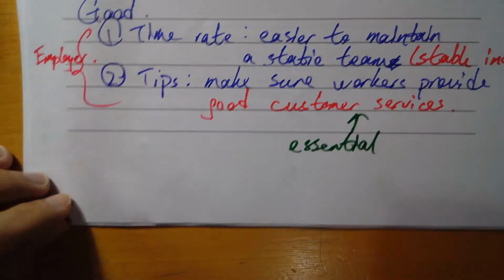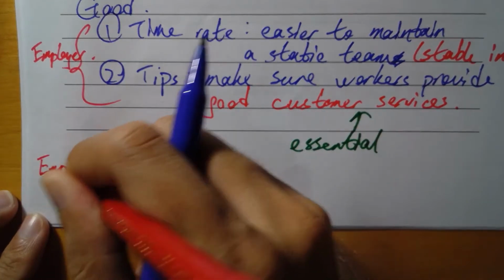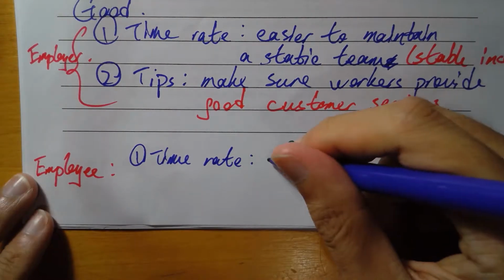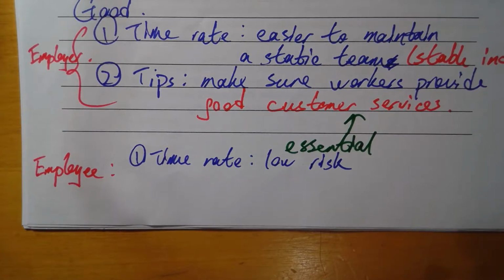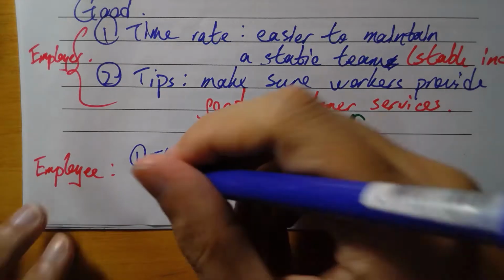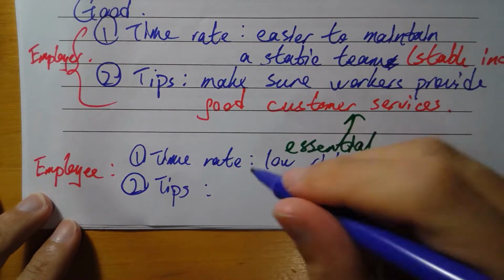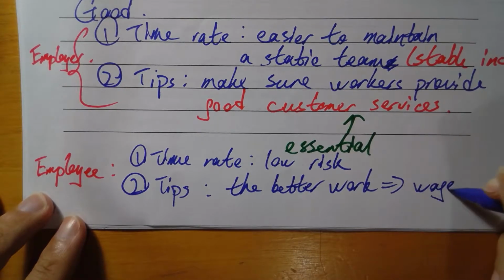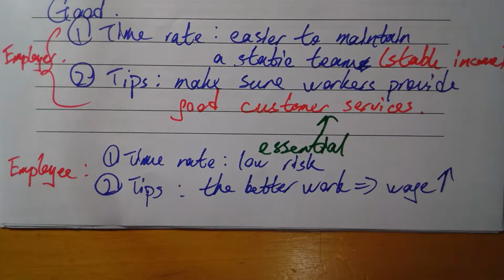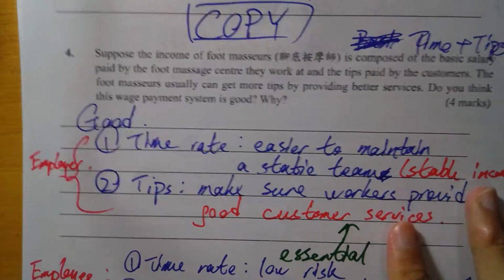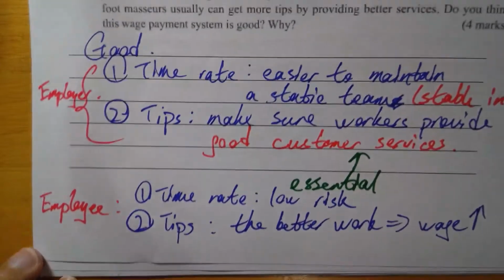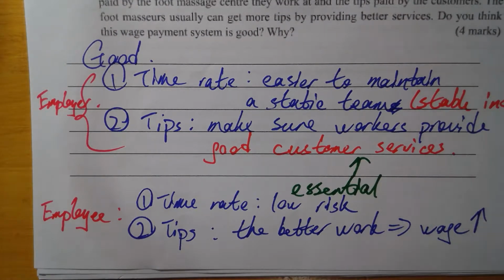Okay, you can also do it from an employee perspective. 好啦 from employee, the good thing about time rates is that 有咩好處啊？low risk 咯，風險低啊嘛，係咪？做生意好又有咁多，生意唔好都有咁多啊嘛，low risk 啊嘛。At the same time, the tips component 有咩好處啊 the better they work.